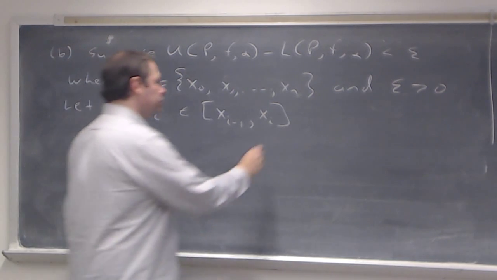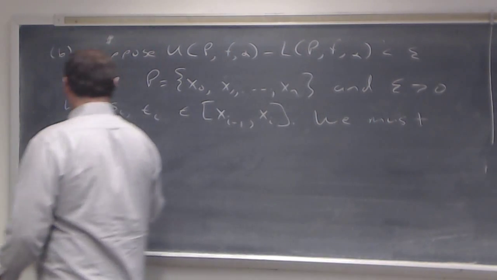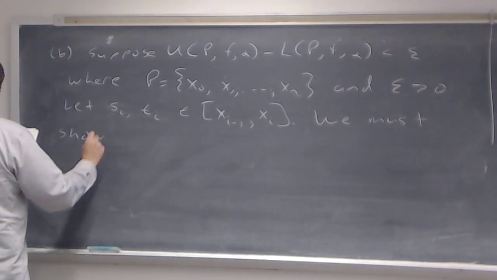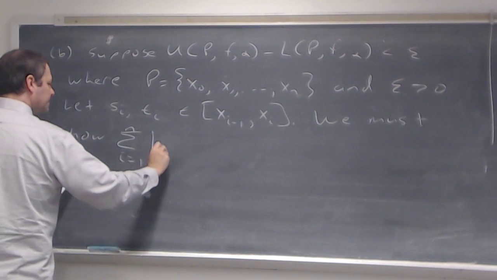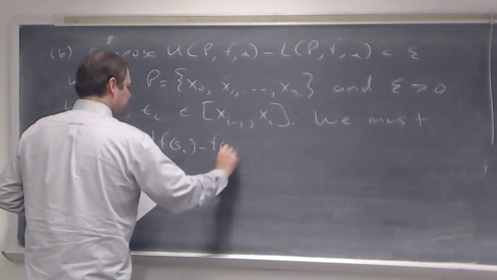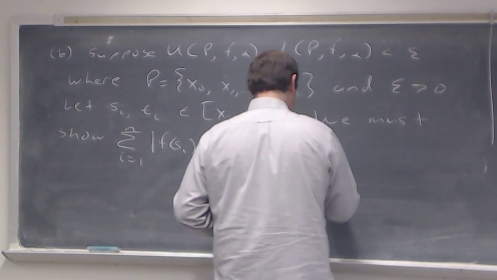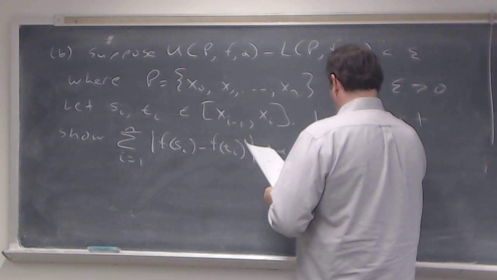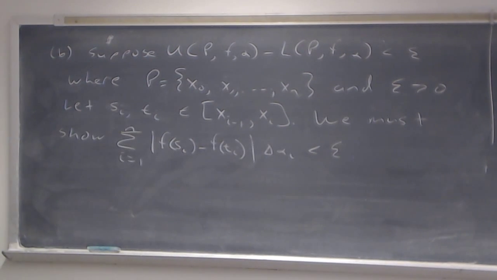And what we want to do is we must show that the sum, as i runs from 1 to n, of the absolute value of f of s sub i minus f of t sub i times delta alpha sub i is less than epsilon. So this is something we might be able to use later, kind of like a lemma.